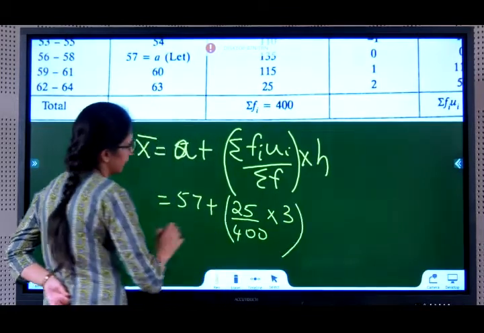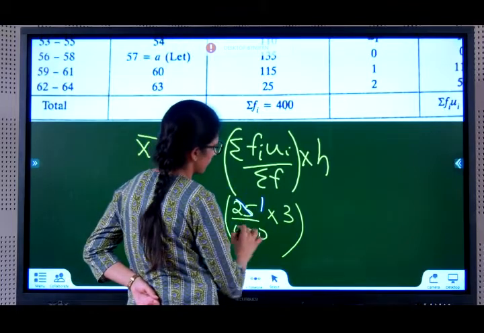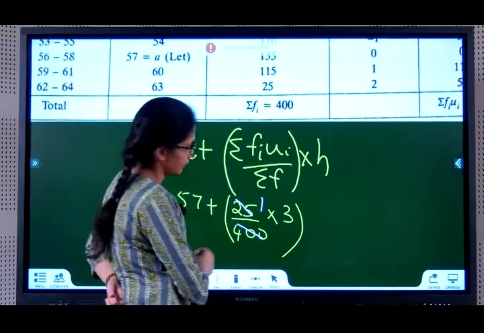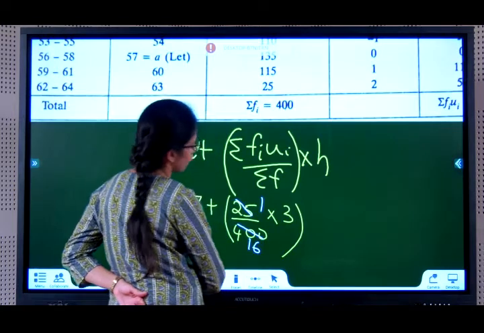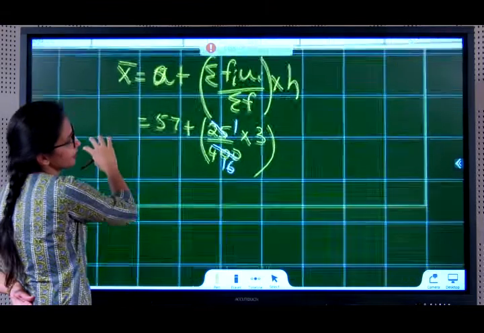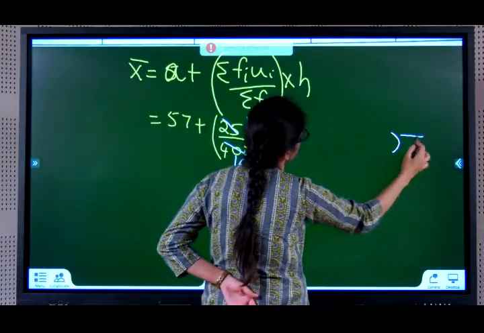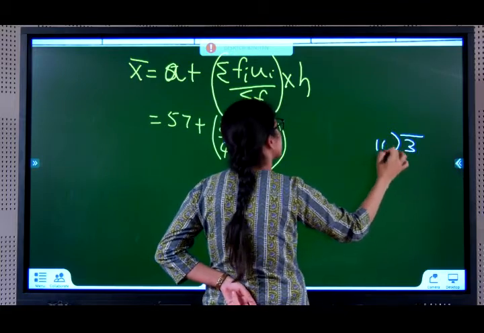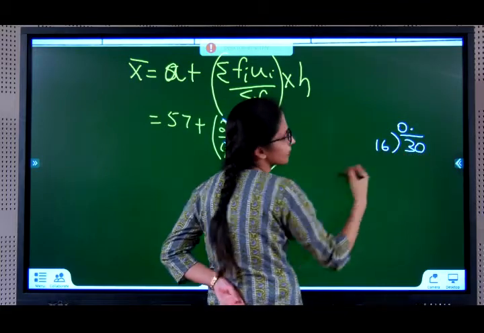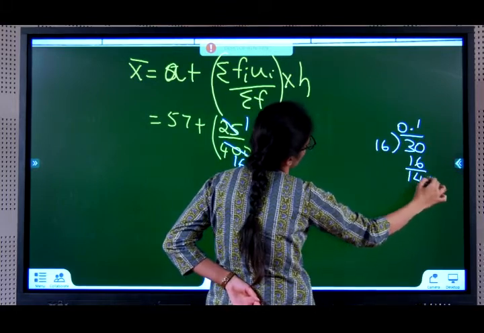Solve this. 25 by 400. 25 ones are 25. 25 16s are 400. You can check. Yes, it's 25 16s are 400. So now 3 by 16. 16 ones are 16, 40 remaining.